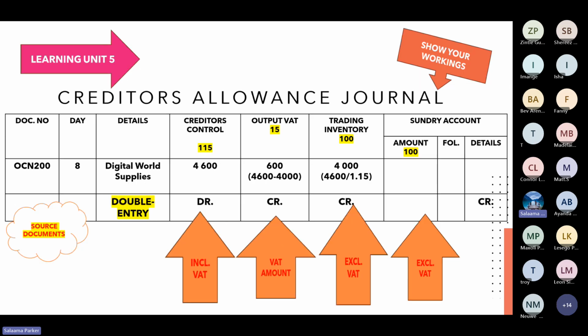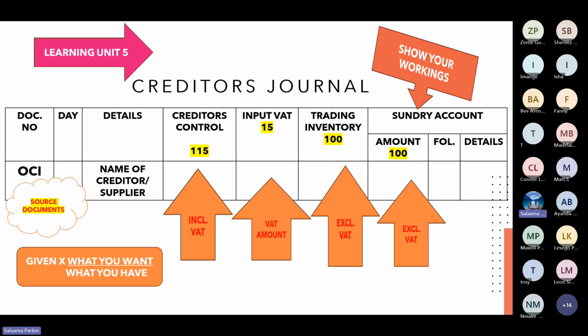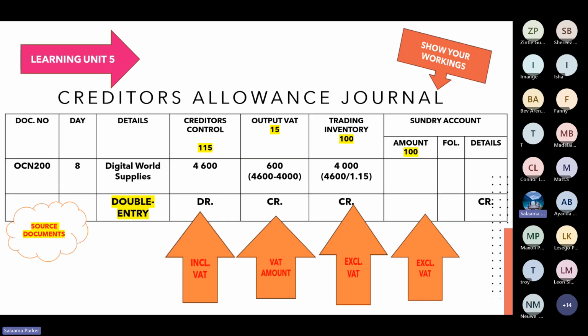So what is happening now to our liabilities? It is going to decrease. And you know that double entry rule. With the creditors allowance, it's a liability, increases on the credit side, decreases on the debit side.